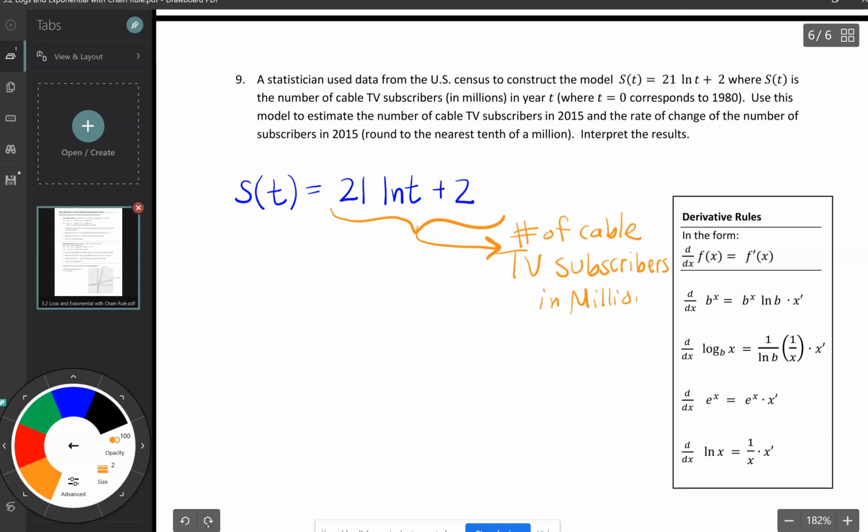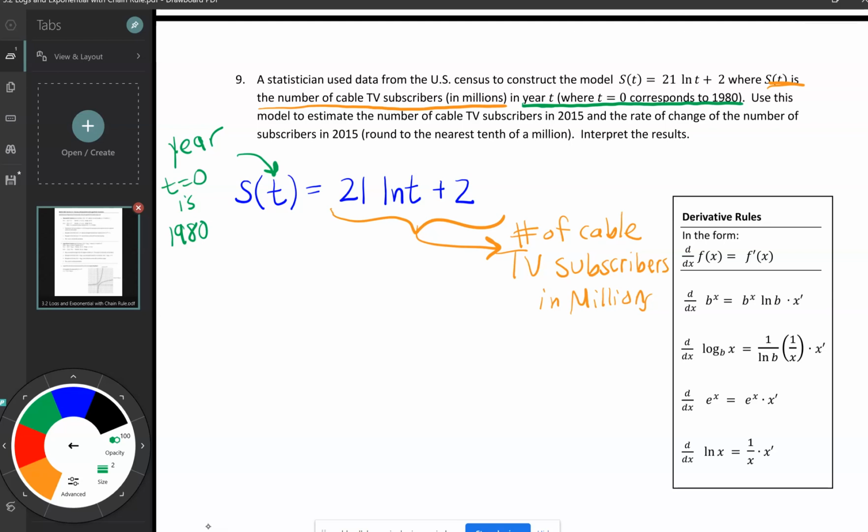That's what we're calculating. So S of t is the number of TV subscribers in year t, where t corresponds to 1980. So my input is a year, and t equals 0 is the year 1980. So I'm plugging in a year, it's calculating the number of TV subscribers.